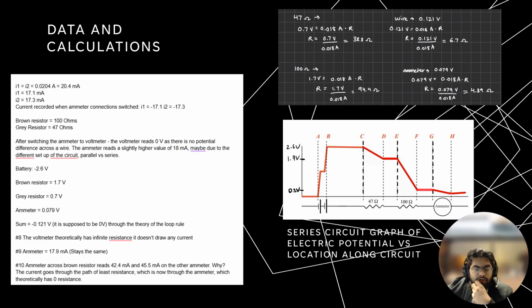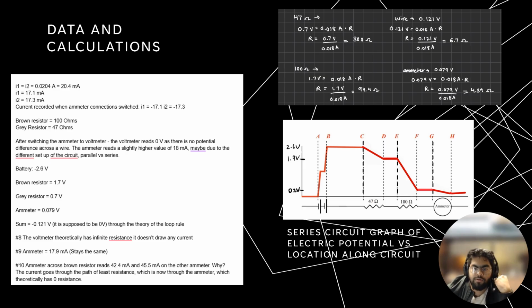The ammeter should stay the same between the parallel and the series circuit. But yeah, in the top right here, you can see some of our actual values compared to what we calculated.